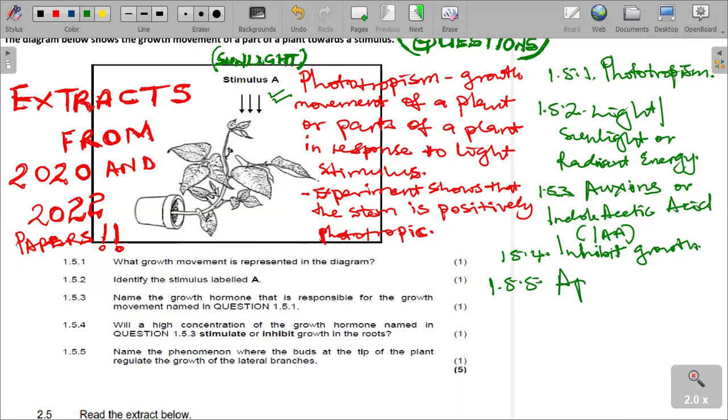It is called apical dominance. Apical dominance is where the buds at the tip of the plant regulate the growth of lateral buds.